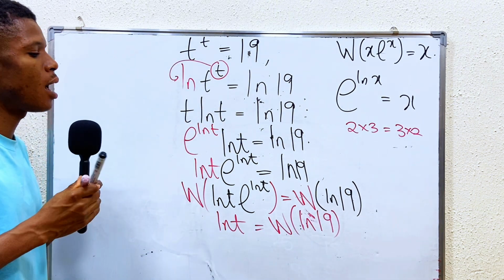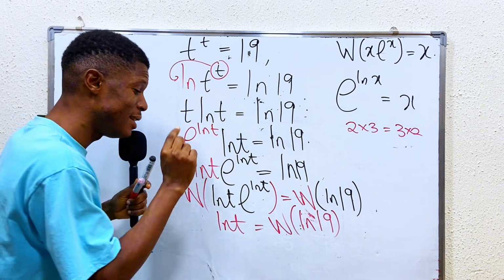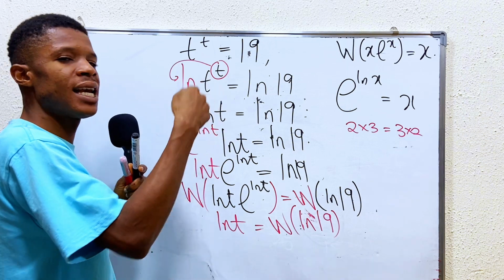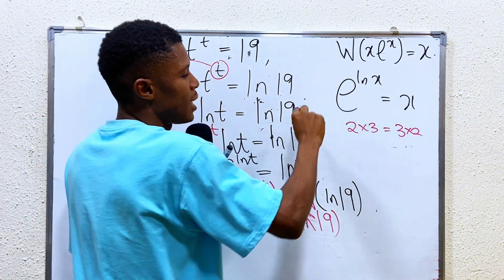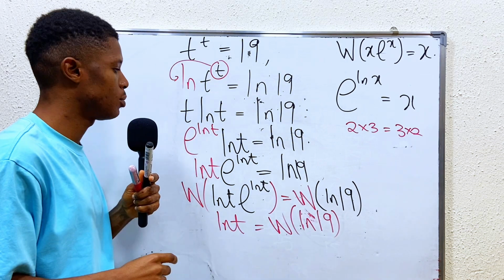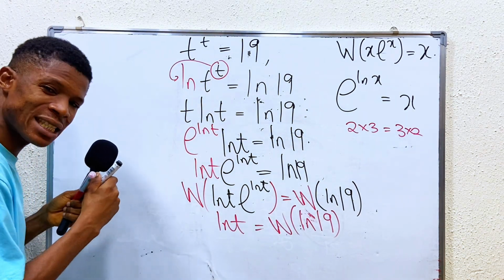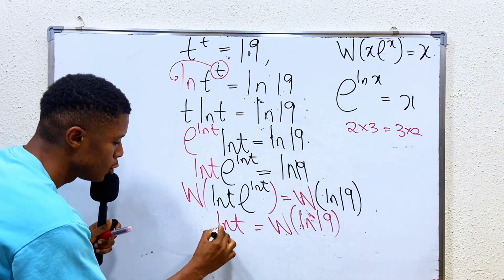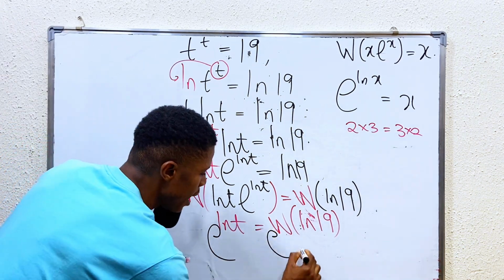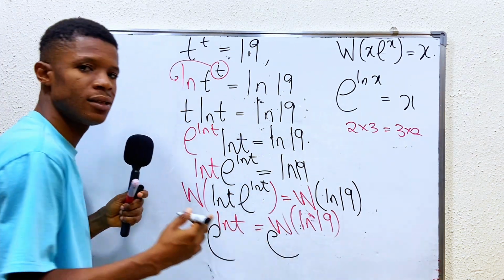Now we are looking for t, not ln t. Since whenever we take an exponent of a natural log, the output is always that particular term in the exponent, we take the exponent on both sides. So exponent of ln t equals exponent of the Lambert W function of ln 19.